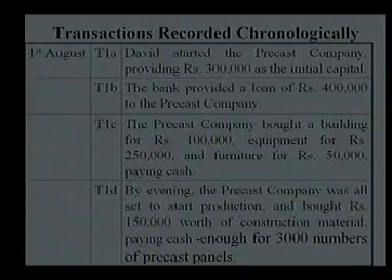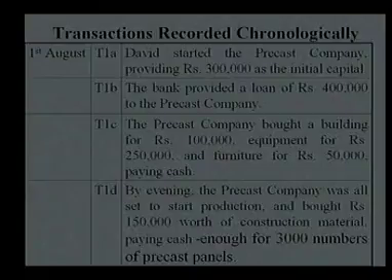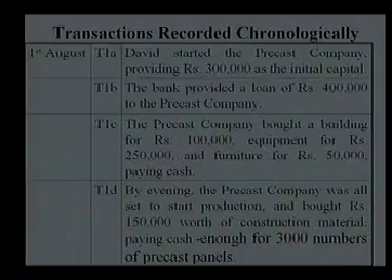Now if you look at the fourth transaction, by the same evening, that means on 1st August itself, the Precast Company was all set to start production and bought rupees 150,000 worth of construction material, paying cash. Now these materials are enough for 3,000 precast panels.